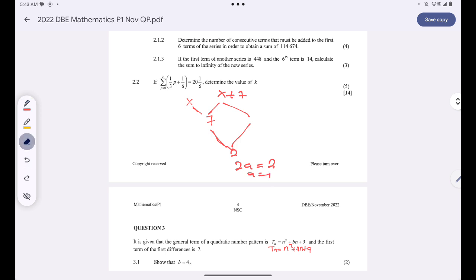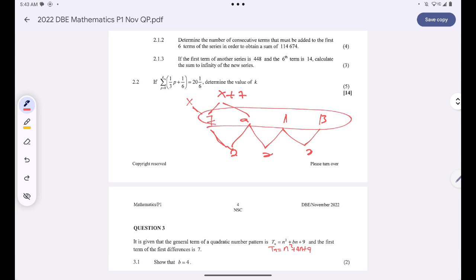So this simply means that I had a 2 over there. That means I'll have a 9 there, I'll have an 11 there, I'll have a 13. So I need to find the general term for this sequence. Remember that sequence is always arithmetic.